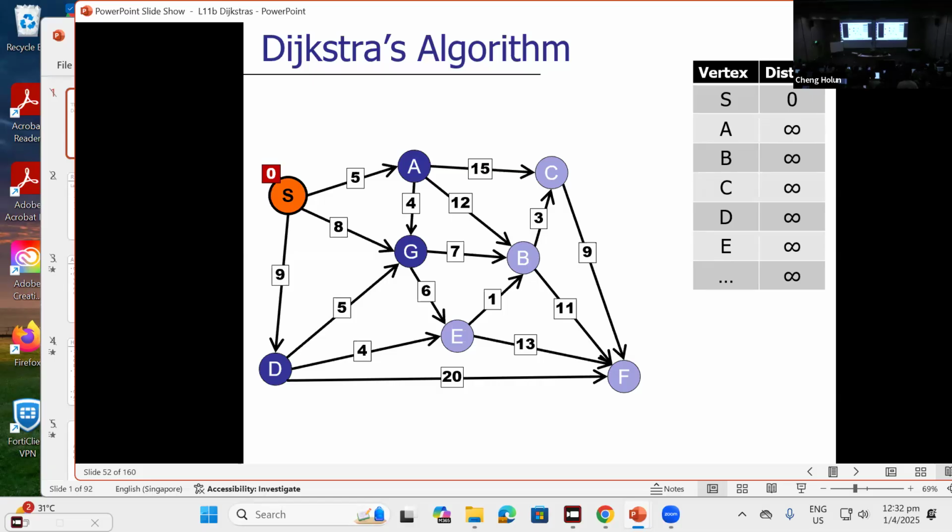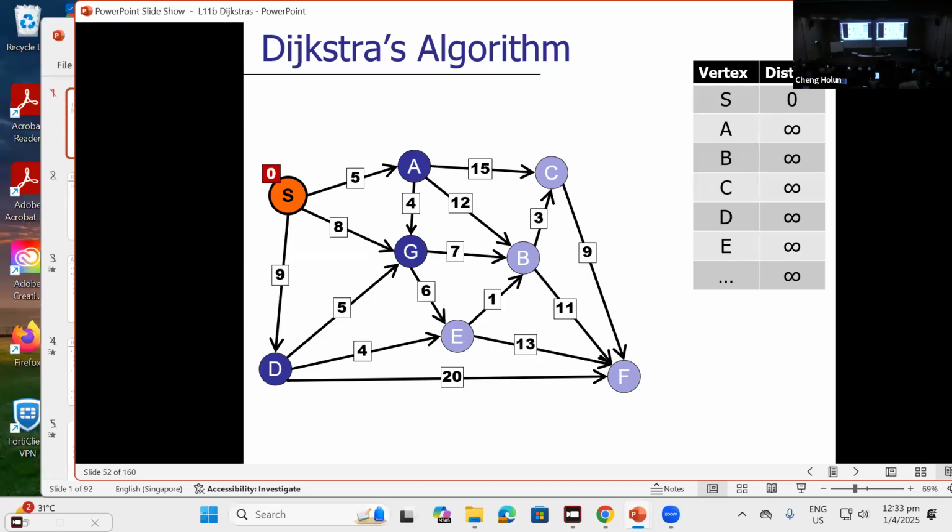In the beginning, let's say this is the graph, and you have all the distances. If you remember, by initializing the graph, for every vertex I imagine that the estimated distance is infinity because nothing has started yet. But of course, I start from S, and S's estimated distance is 0. This is just a setup.